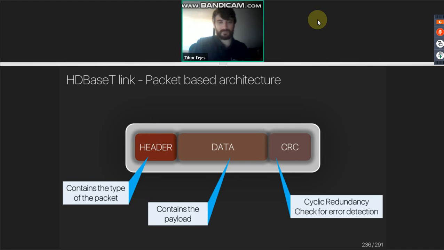If you're familiar with Ethernet, you might see a similarity, but the key difference is there's no address in the packet. So that's one of the core differences between HDBaseT and Ethernet. So HDBaseT is only point-to-point, but by taking out the address, they could increase the overall bandwidth and payload size.